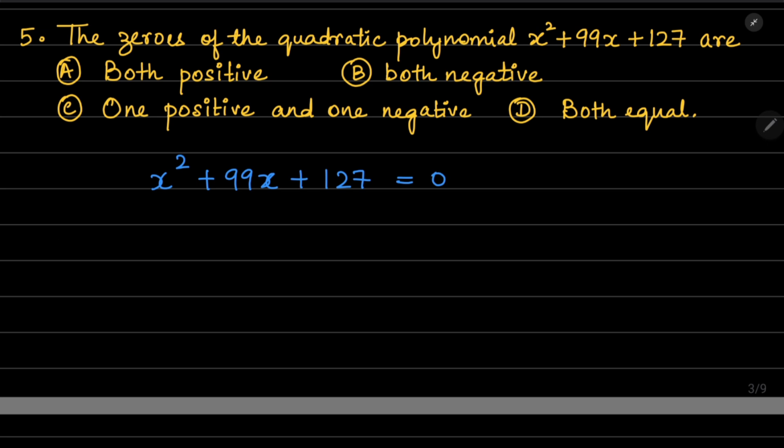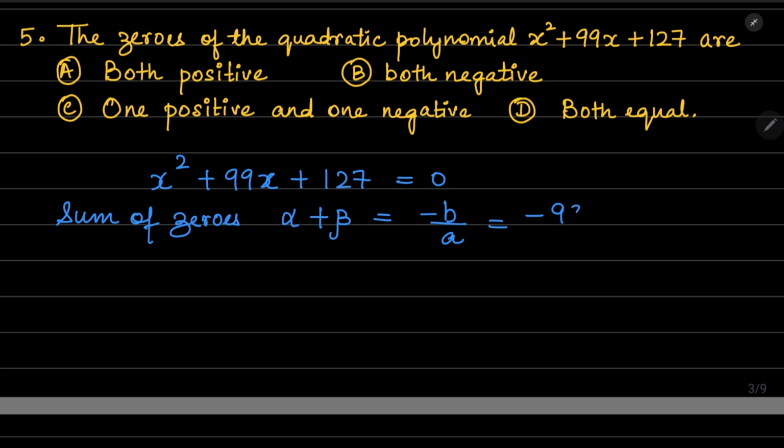So, what will be the sum of the zeros, which is nothing but alpha plus beta? It will be minus b by a. What is b here? 99, the coefficient of x.